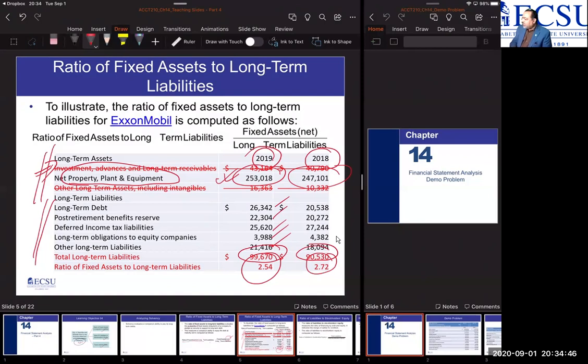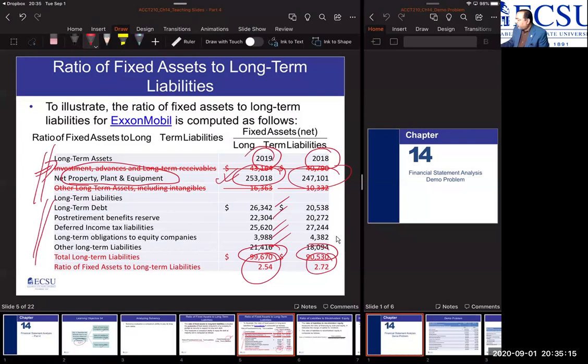In 2019, you have 2.54 times. It's a good situation to be in whenever you have more assets than the liability. So that is the ratio of fixed assets to the long-term liability. We'll be considering this as a solvent company simply because it has more assets at its disposal than the long-term liabilities it has committed in the long run.